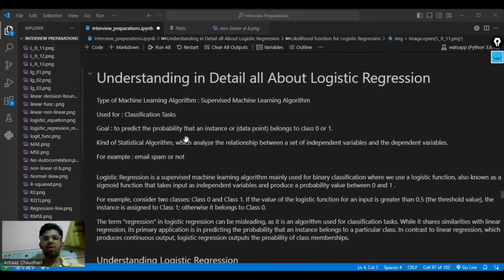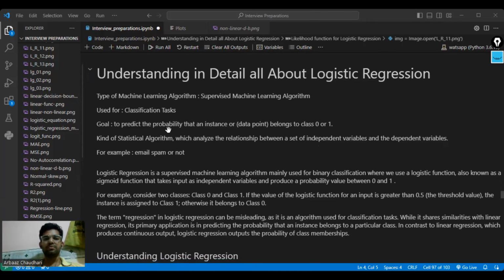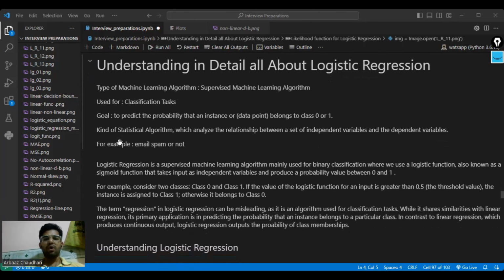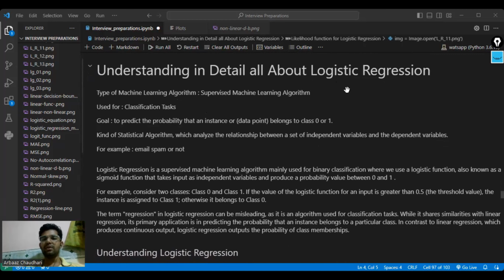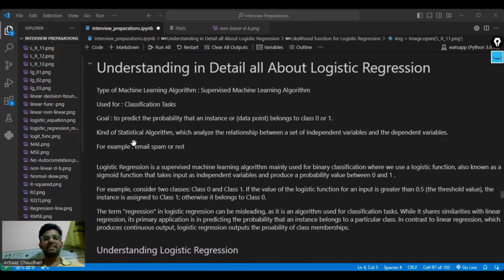That is the goal of this model. You can use it for any type of classification problem, but the main goal is to predict whether the data points are of class 0 or class 1.